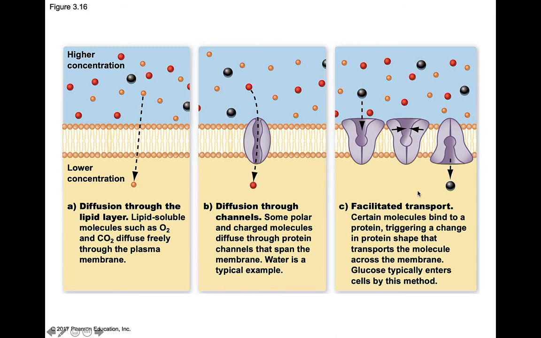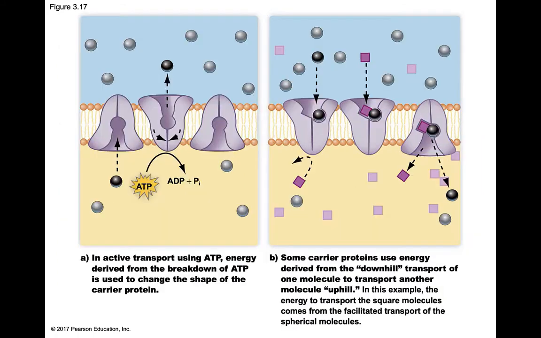That's important. Facilitated diffusion is not active transport. The energy to fuel the process is still a concentration gradient. So glucose is still moving down its gradient.